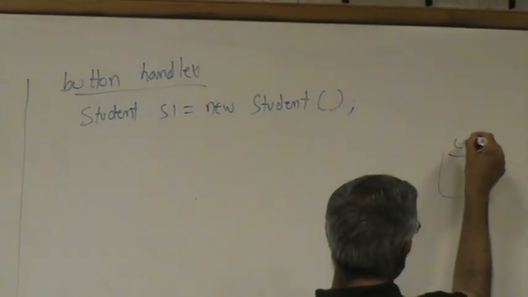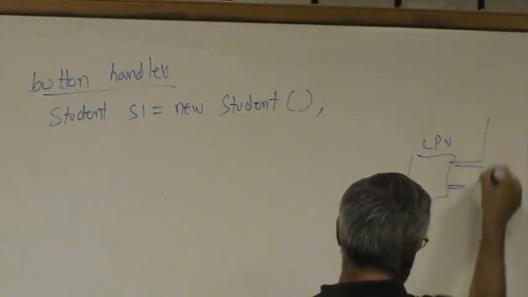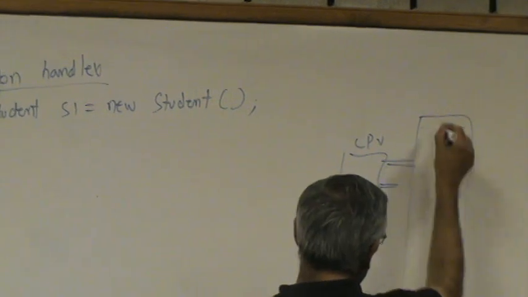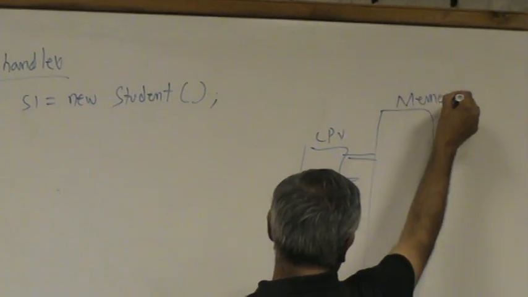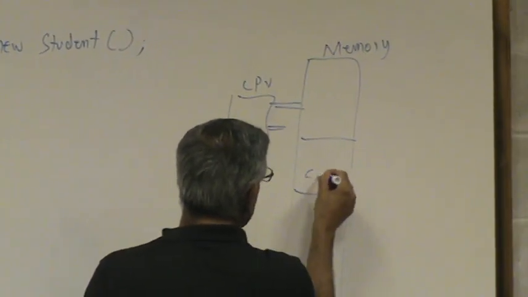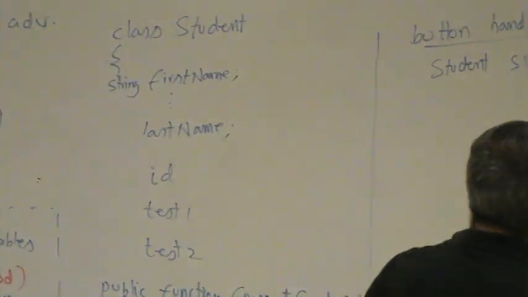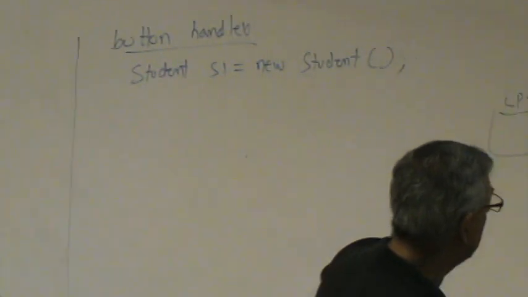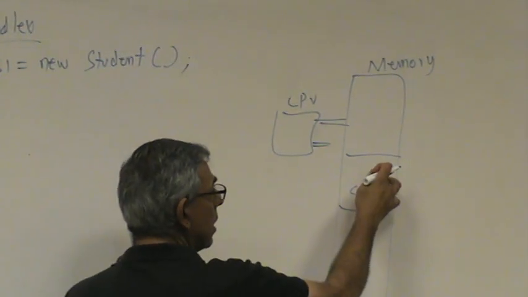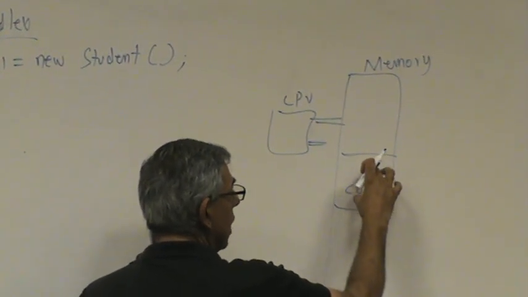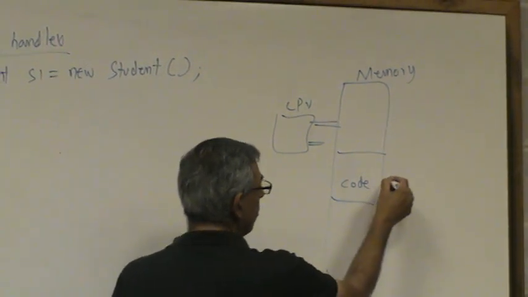So if this is the CPU, and this is the memory, remember we discussed that there's a code area. Whatever code we are writing, the button handler, it will be compiled, and once the CLR converts it to the machine code, it will go into this code area.